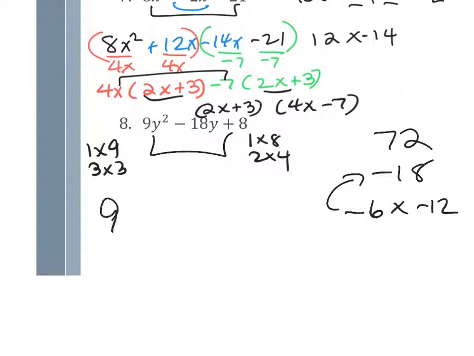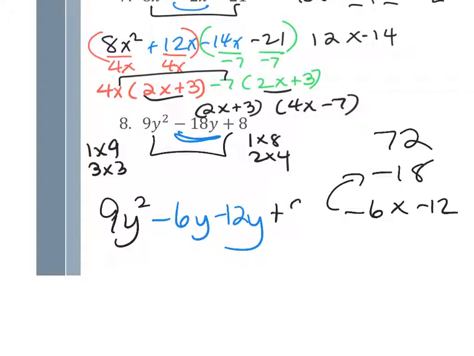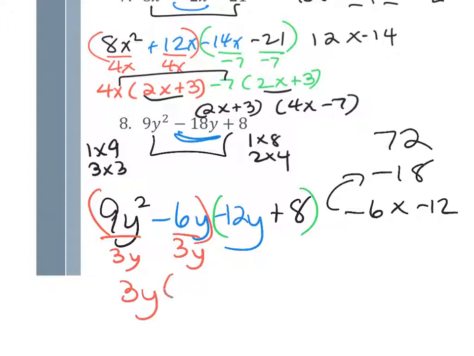So again, rewrite the first term, replace the middle with these two numbers. Rewrite the last term. Make your groups. Red group, green group. GCF of red is going to be 3y. 3y minus 2. GCF of blue, again, your goal is to make it the same.